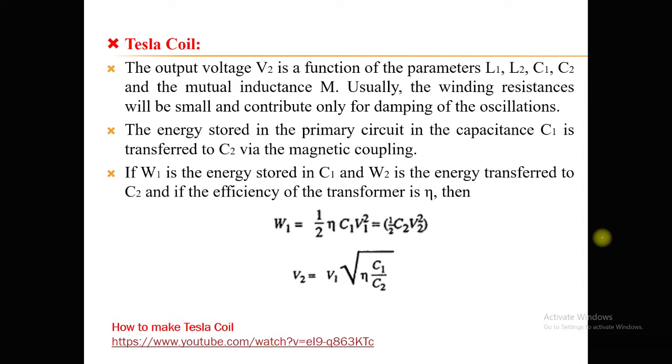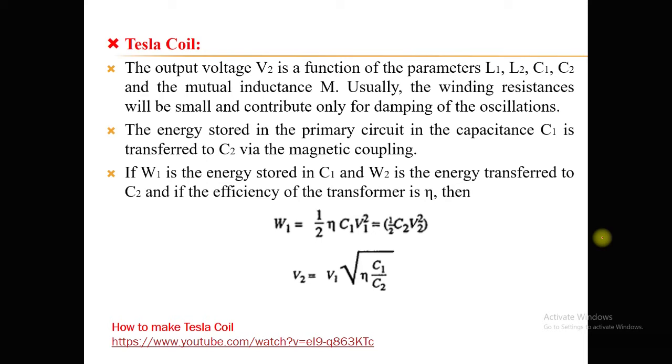Based on the energy equations, we can determine the magnitude of the output voltage. V2 is equal to V1 into the root of eta C1 upon C2, where C1 is in microfarad, whereas C2 is in picofarad.